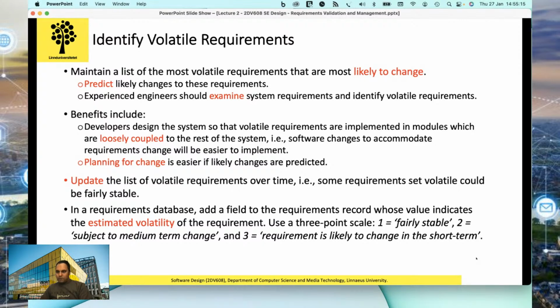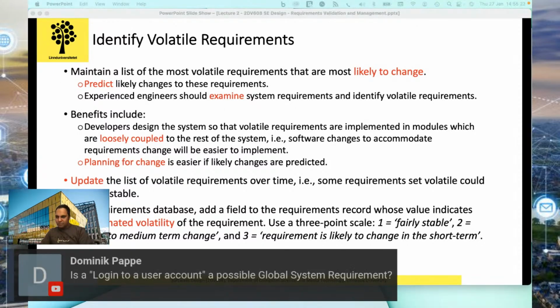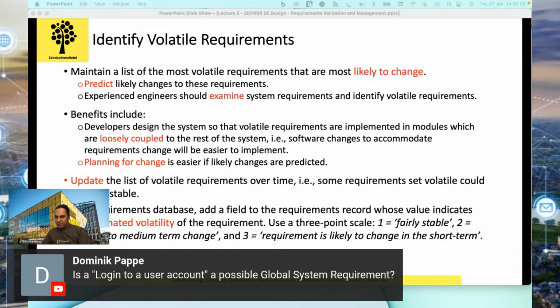There was a question on YouTube: is a login to a user account a possible global system requirement? Yes, it can be.